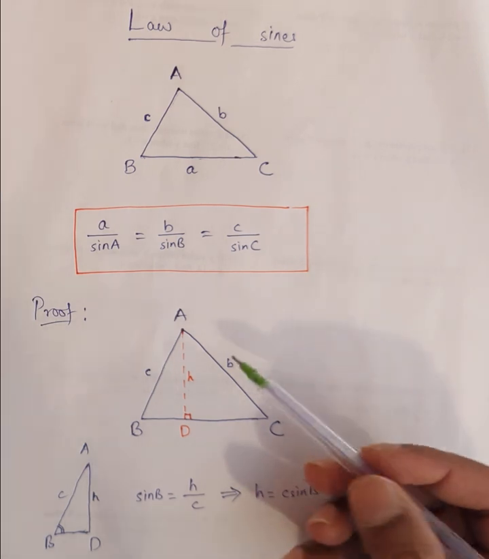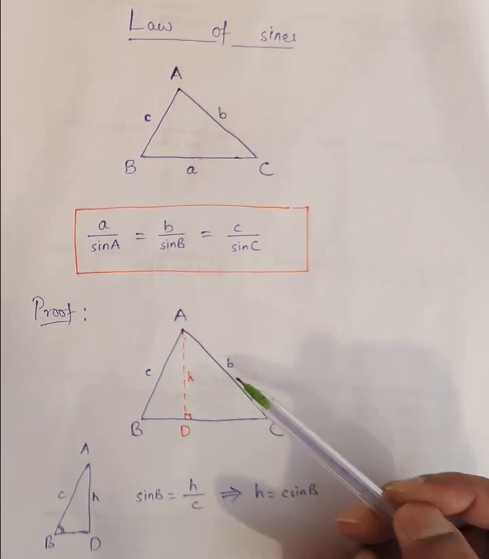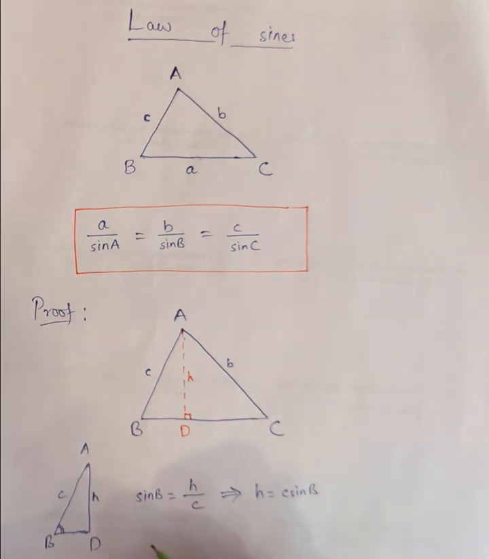Now if I were to consider this triangle ADC, notice I could write sine C as h over b. So h, if I multiply both sides by b, I get h equals b sine C. Here I did not mention, but what I did is I multiplied both sides by c.